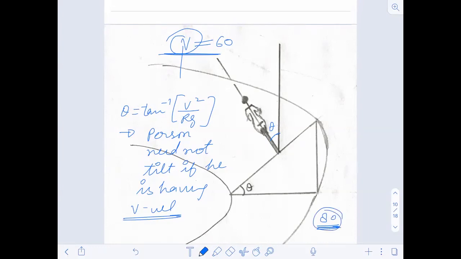Then what will happen? Does he have to tilt more, not tilt anymore, or tilt less? I'll give you the options.